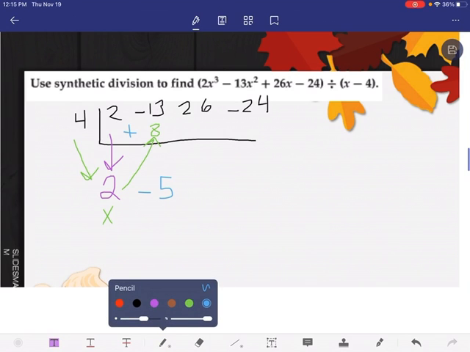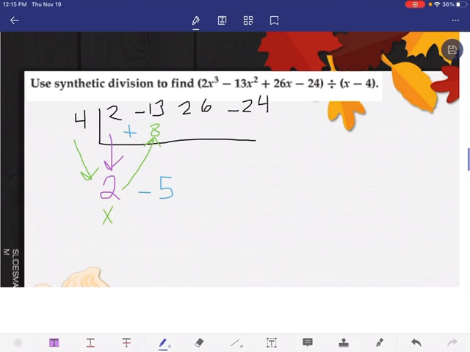And then basically we're going to continue with that process. So 4 times negative 5 is going to give us negative 20. Negative 20 plus 26 is going to give us a positive 6. 6 times 4 is going to give us a positive 24. And negative 24 plus 24 is 0.